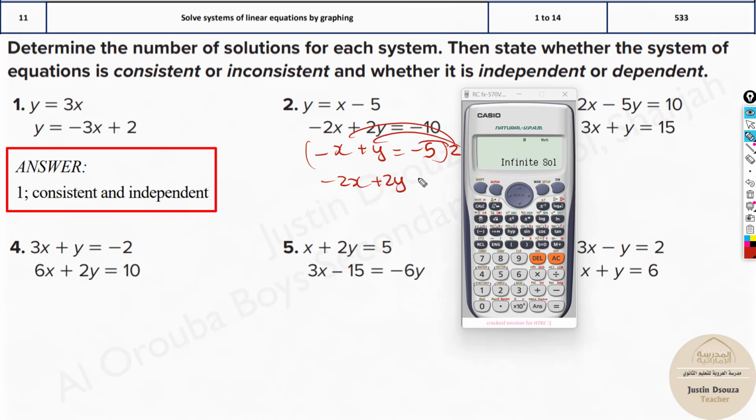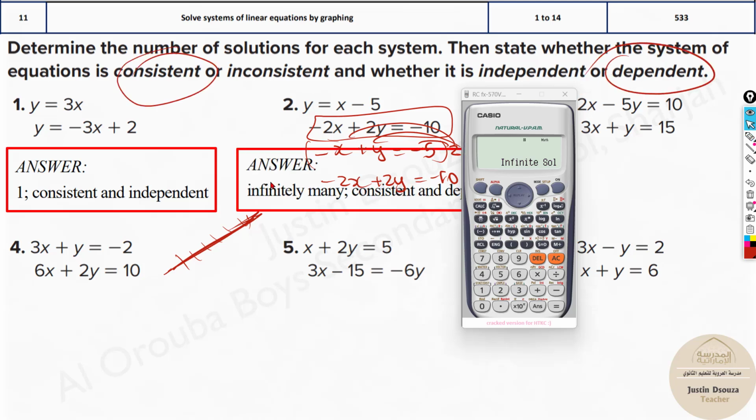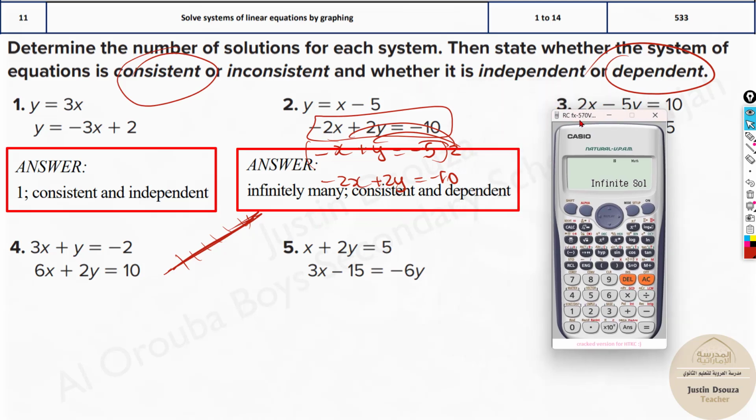Plus 2y equals minus 10. Now look at these two equations. What are they? They are the same. That means they are literally the same line. So there is infinite solution. Every point is the solution. That means it's dependent. Here we have infinitely many solutions and it's consistent and dependent, as you can see.